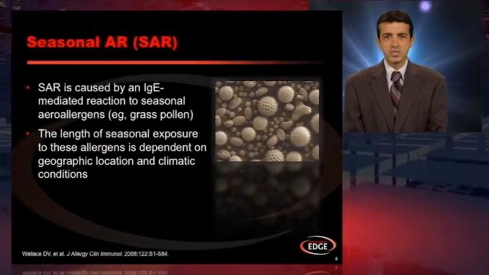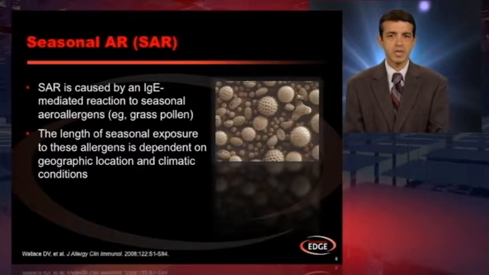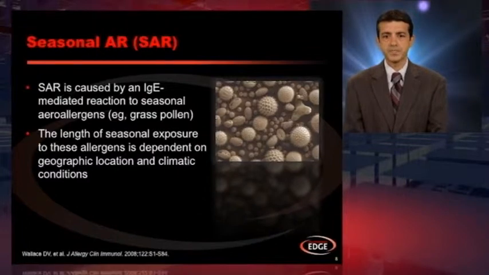The definition of allergic rhinitis is frequently stratified as seasonal and perennial. Seasonal allergic rhinitis is caused by IgE directed against seasonal allergens, such as tree pollen, grass pollen, weed pollen as examples. The length of seasonal exposure on these allergens is dependent, obviously, on the geographic location, climatic conditions, and other environmental factors.